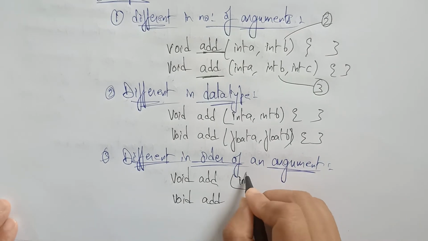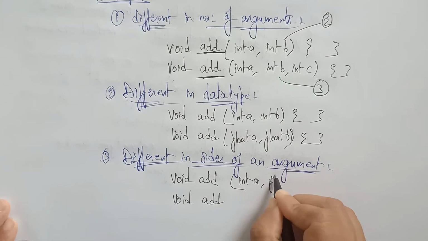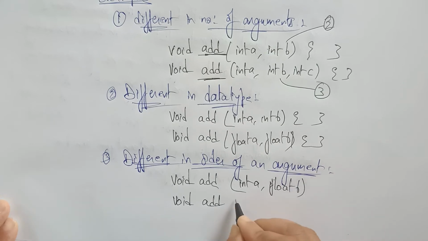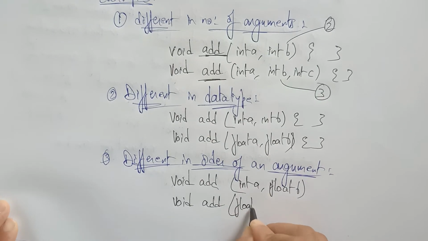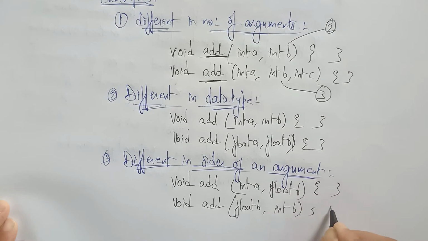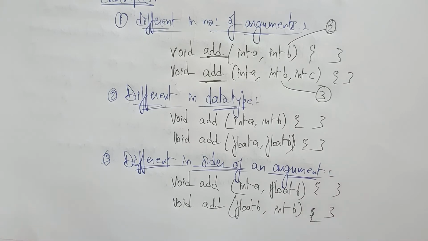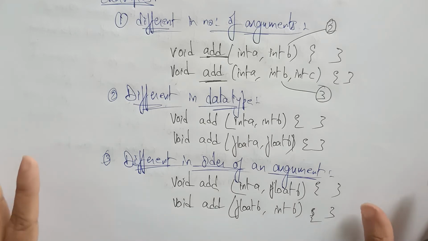What does it mean? Here I am writing int a comma float b, and here I am writing float a comma int b. So this is one method and this is another method. So, different in number of arguments, different in data types, and different in order of arguments. This is method overloading.